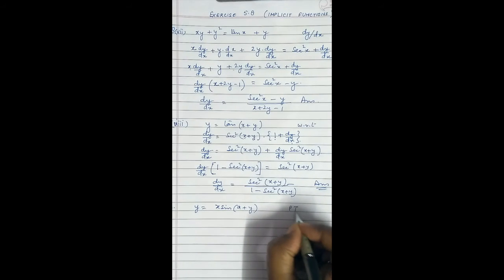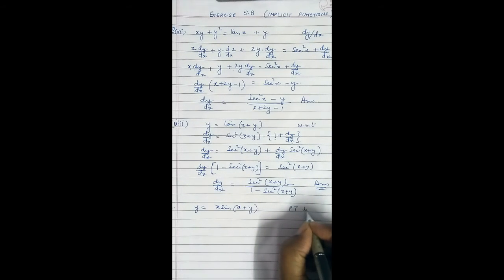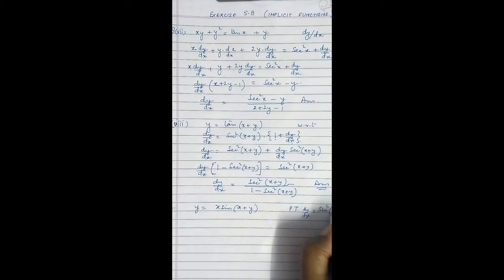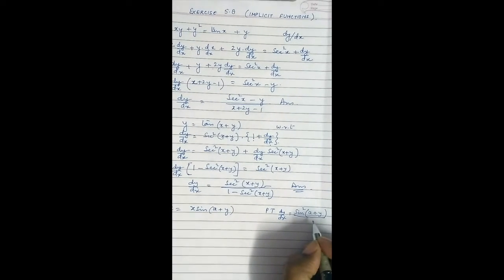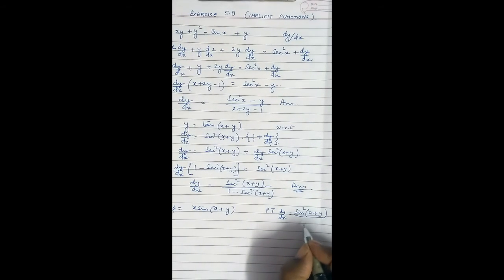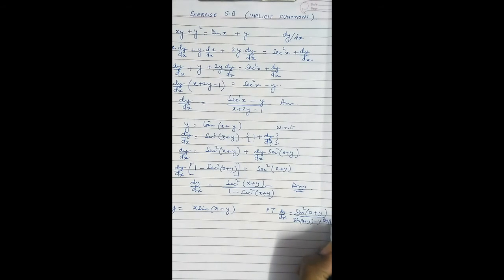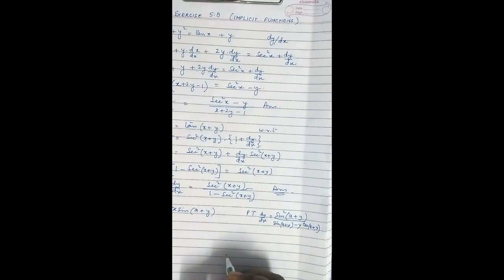And I have to prove that dy by dx is giving me sine square of (a plus y) whole upon sine of (a plus y) minus y times cos of (a plus y). This is it, right?